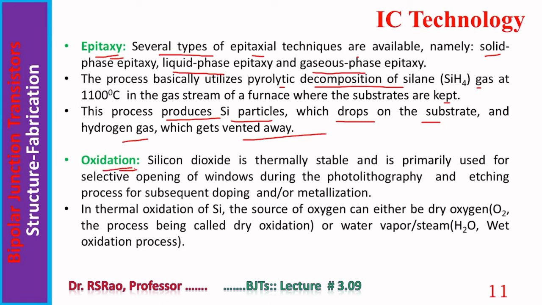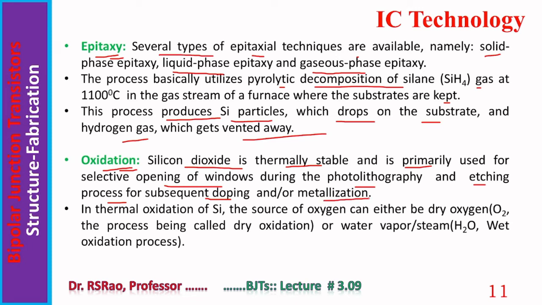Now oxidation. Silicon dioxide is thermally stable and is primarily used for selective opening of windows during photolithography and etching process for subsequent doping and/or metallization.